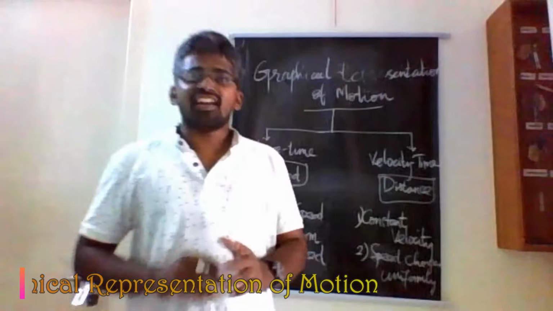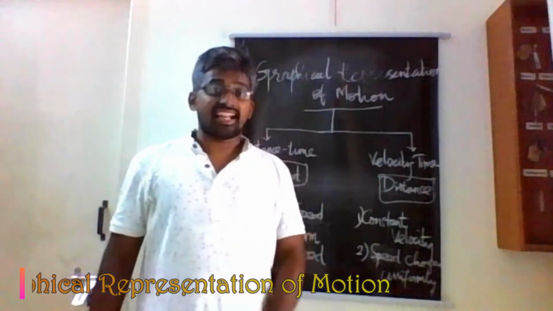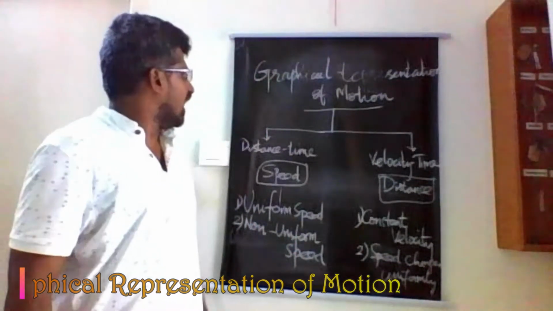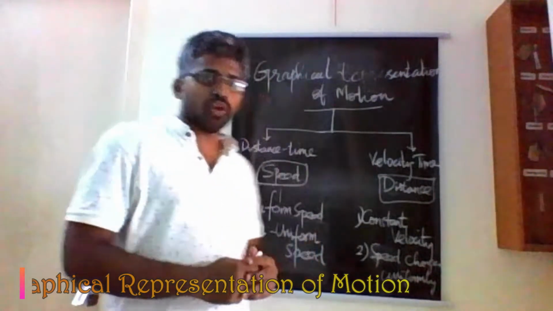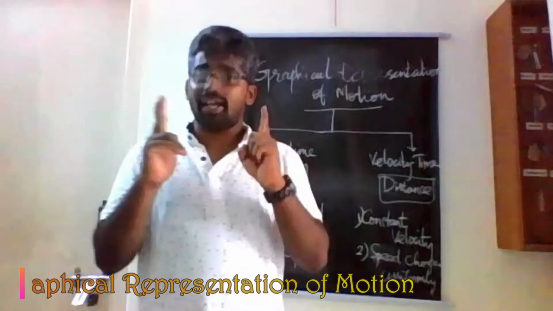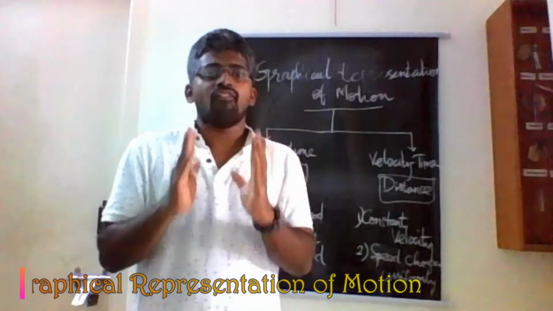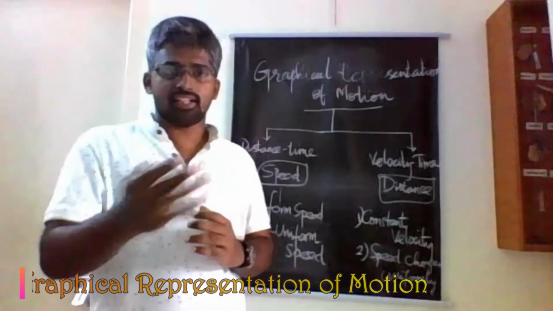Now we are coming into the next part of this lesson, that is graphical representation of motion. In this, we are going to see two main parts. It's a very easy way of finding speed, velocity and distance.